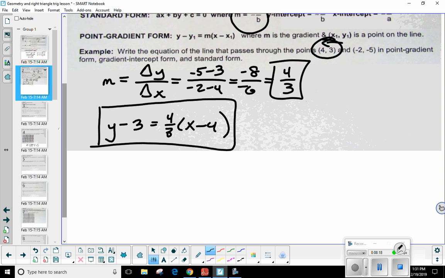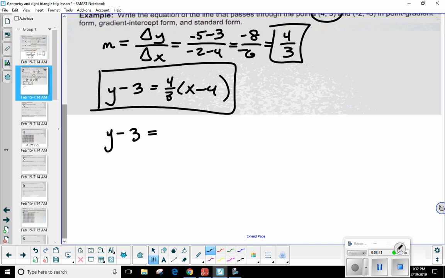All right, now we want to go ahead and rewrite that in gradient intercept. So we know y equals mx plus b. They say y equals mx plus c. So somebody distribute for me. So y minus 3 would equal what? Okay, so 4/3 x minus 16/3. So pretend that 4 is over 1. We multiplied it straight across. Now I want to go ahead and add the 3 to that.